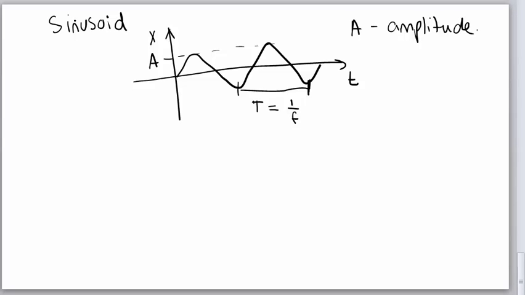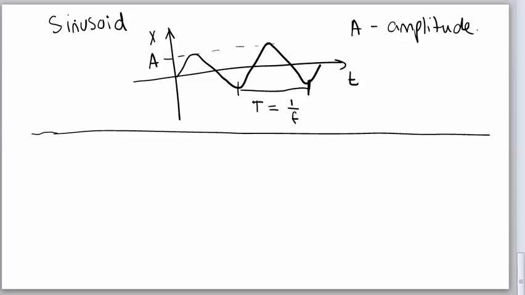Now let's look at the difference between this sinusoid that we just talked about and a more realistic system where we have friction and other forces that cause the system to be damped. What we've looked at so far is a sinusoid that never decays, so this is undamped.